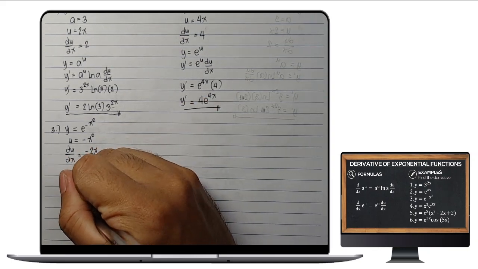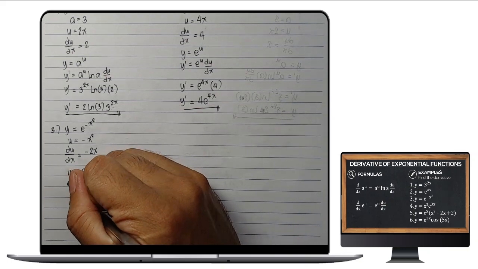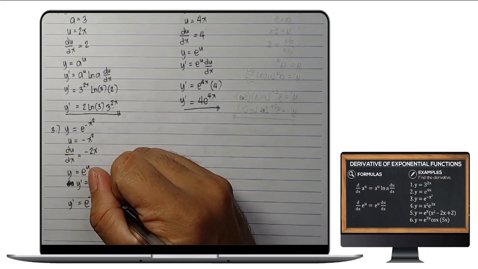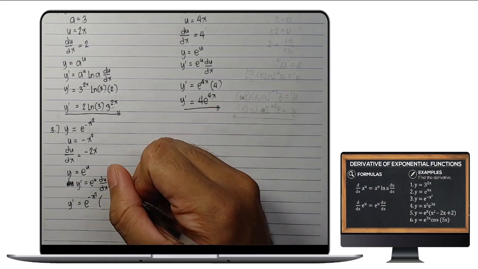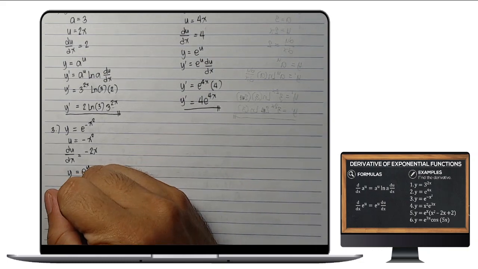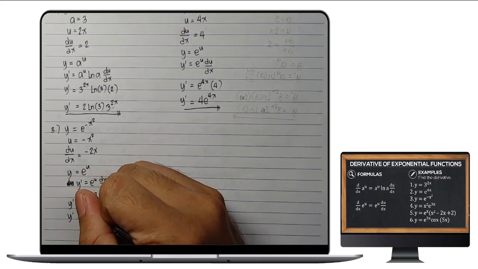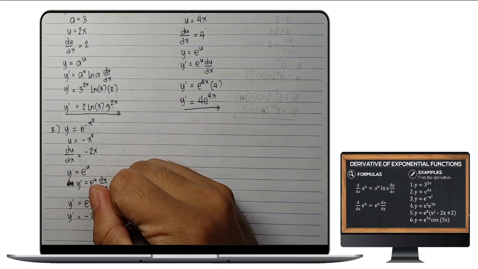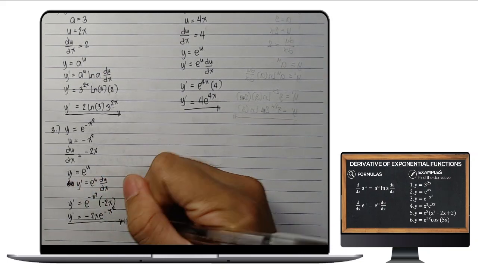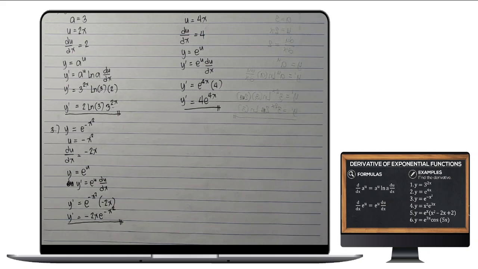So solving for the first derivative, that is e raised to u, which is negative x squared, multiplied by the derivative of u with respect to x, that is negative 2x. Therefore, y prime is equal to negative 2x e raised to negative x squared. So here is your answer. So we're just substituting.